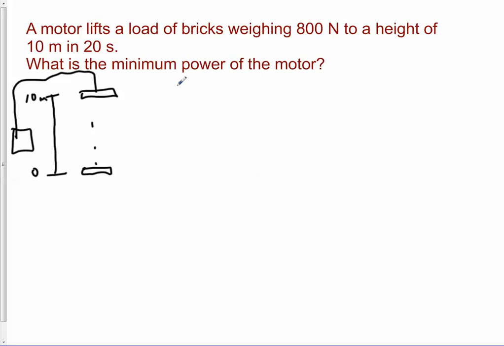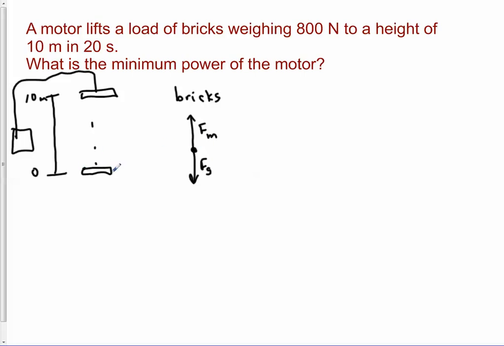So if we just look at the load of bricks itself, not a system of two things, just the bricks itself, gravity is pulling it down, and the force from the motor, which is probably attached to a rope or a chain, so it probably is a tension force, but we'll just call it the motor's force, is going up.